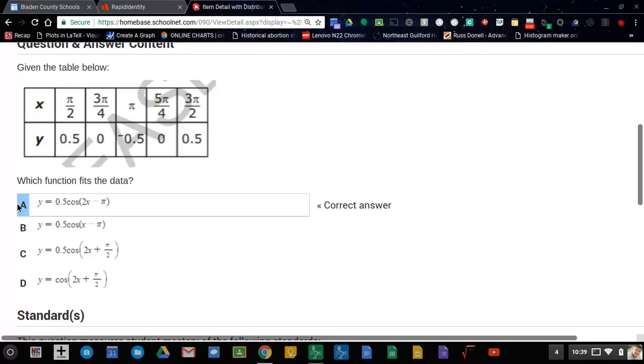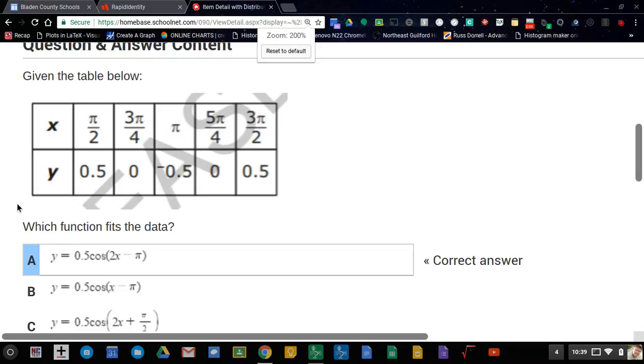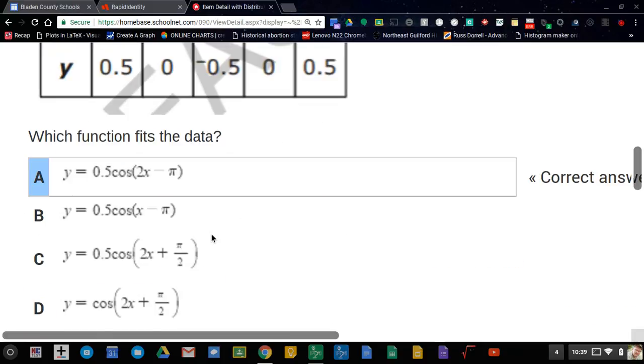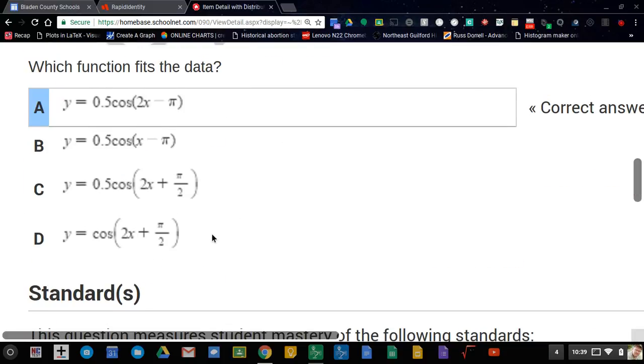Again, y'all can type these in. Do you want me to zoom in a little bit so you can type these in? Can y'all see that better? And the horizontal line for minus is not showing up. That's 2x minus pi. Then you've got 0.5 times cosine of x minus pi.